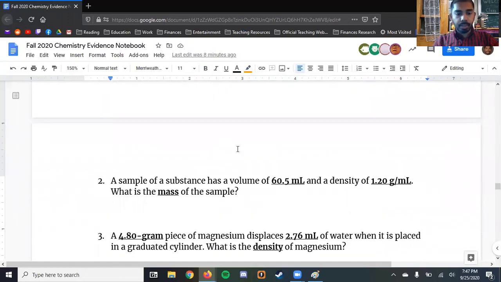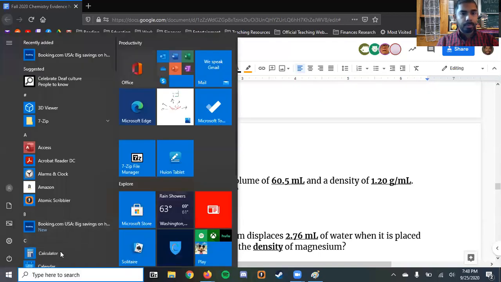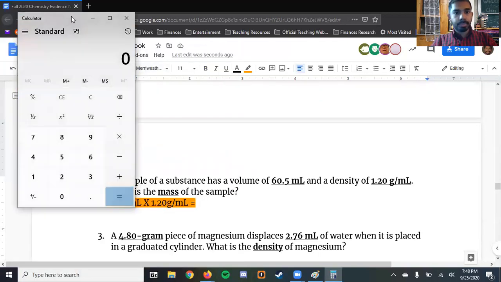We have 60.5 milliliters, that's our volume. Our density is 1.20 grams per milliliter. That's going to equal, and let's just pull up a calculator app. Great.